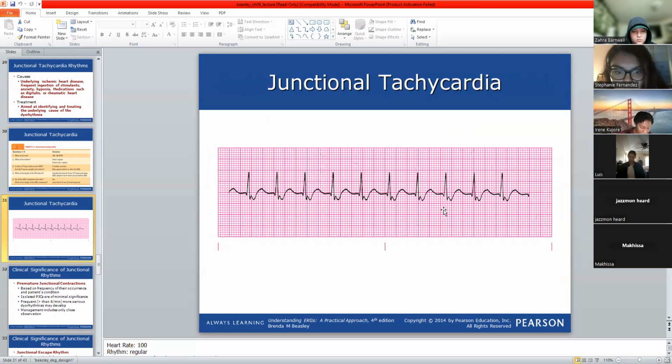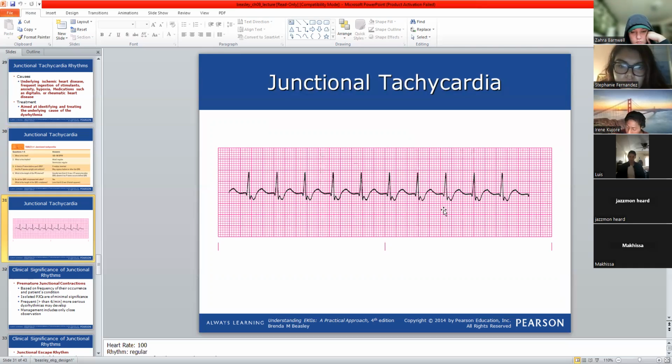It is typically junctional, but if we count the number, it will exceed 100. 1, 2, 3, 4, 5, 6, 7, 8, 9, 10. But it is not completing the 30 seconds, sorry, 6 seconds. So it will be above 100.